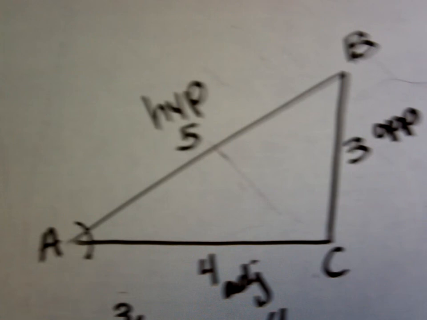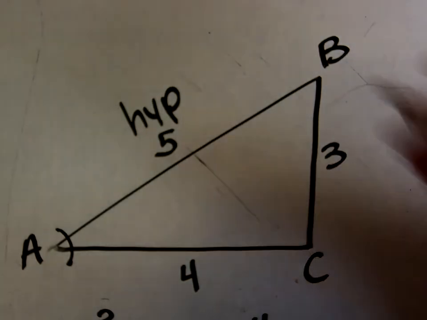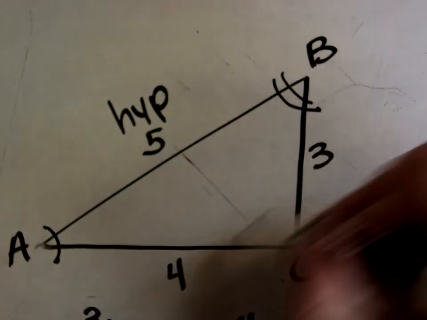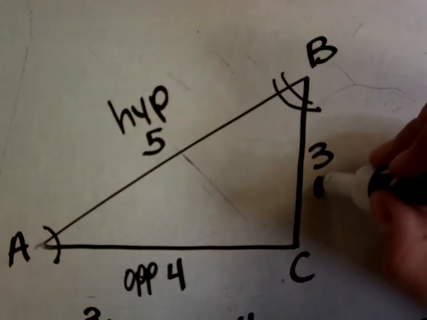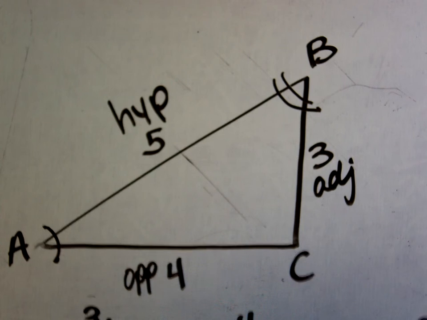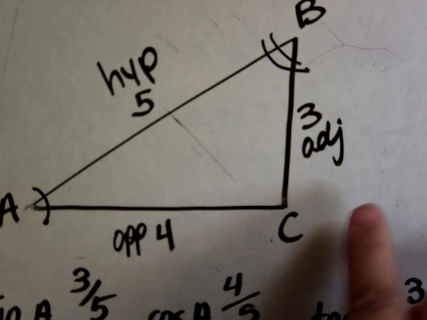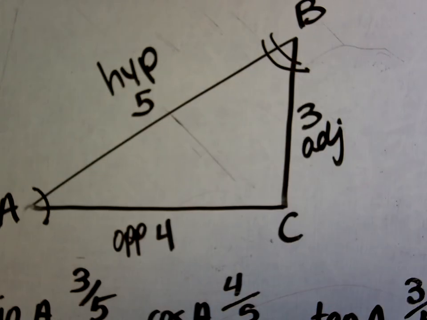Then we're going to have to get rid of this labeling of adjacent and opposite because I'm going to look at it from the other angle. The hypotenuse does not move, but the adjacent and the opposite swap. Okay, so this becomes the opposite and this becomes the adjacent. Now the first thing I want you to notice about this is since sine is opposite over hypotenuse and cosine is adjacent over hypotenuse, if we trade the opposite and the adjacent when we go from one angle to the other, we're basically trading the sine and the cosine.